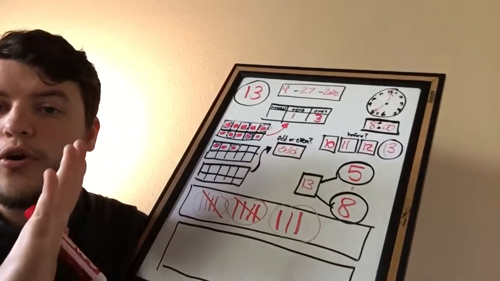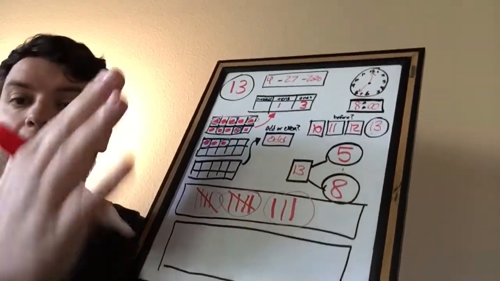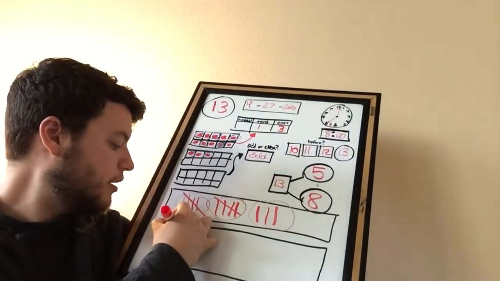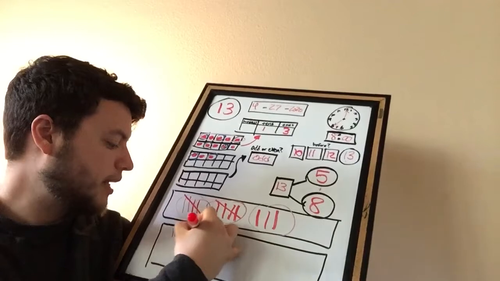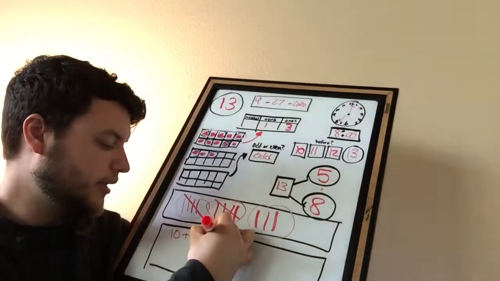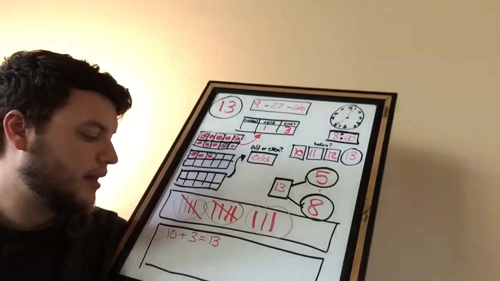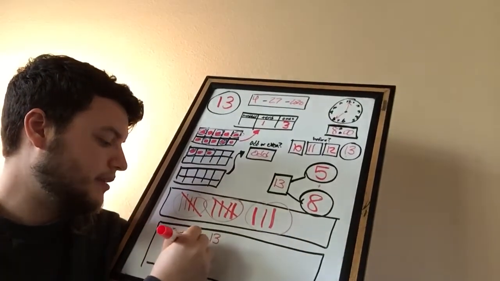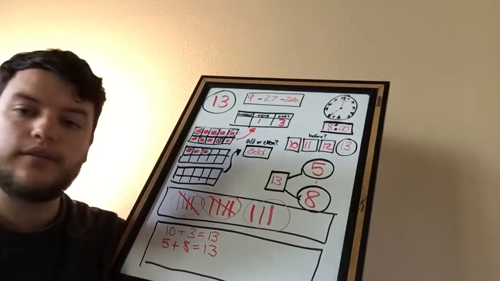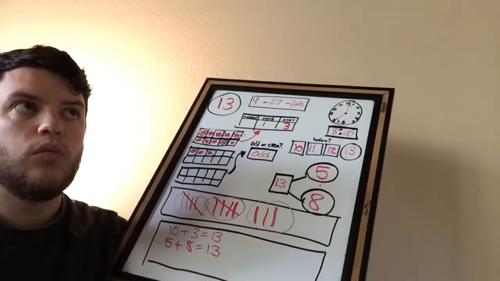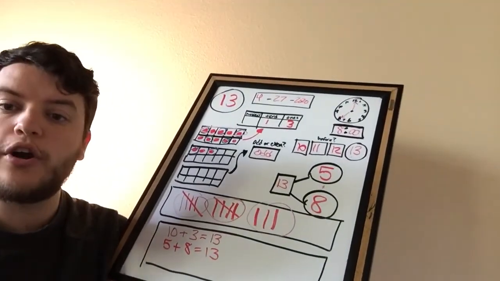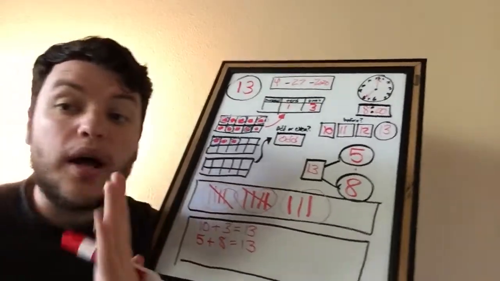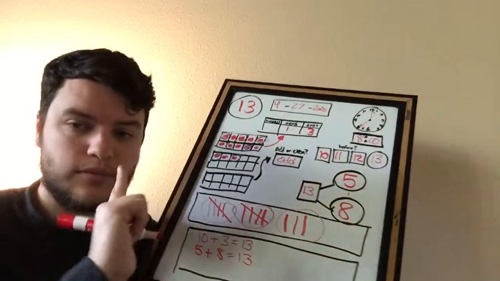There are so many more combinations. How many can you come up with? My first one was 10 plus 3 equals 13. I said 5 plus 8 equals 13. How many others are there? There's so many. We'll do one more, you and me. Promise. But don't tell anybody.